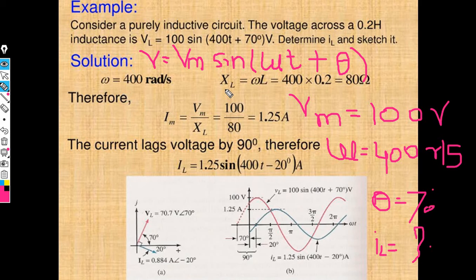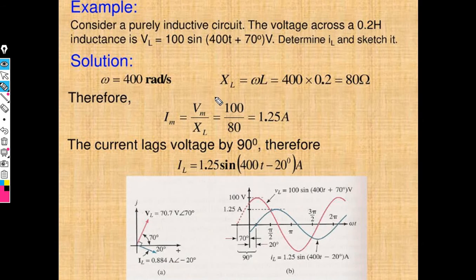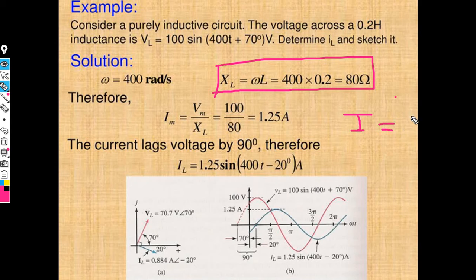In this purely inductive circuit, the inductive reactance XL is equal to omega L. Omega is 400 and inductance L is 0.2, so XL is obtained as 80 ohm, measured in ohm. The formula of current is I is equal to V by X, a very important formula for a purely inductive circuit.